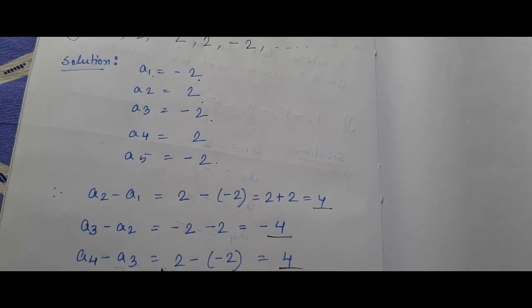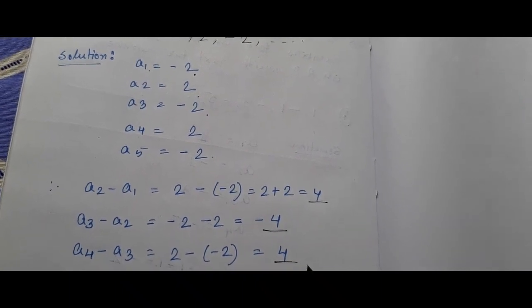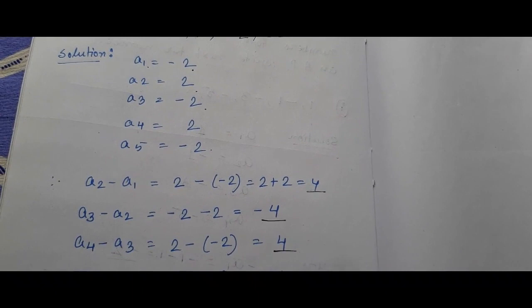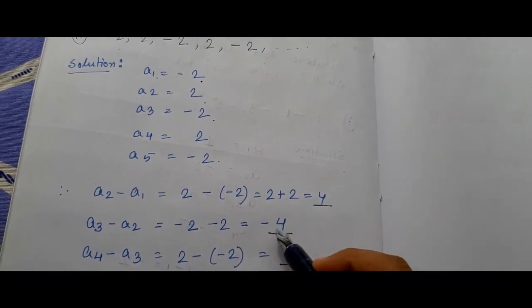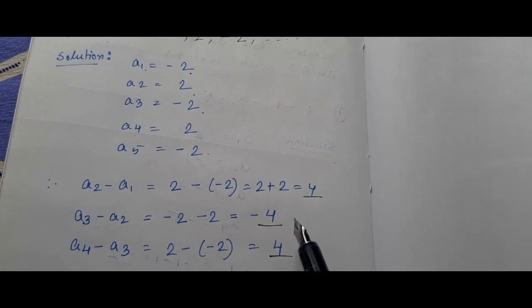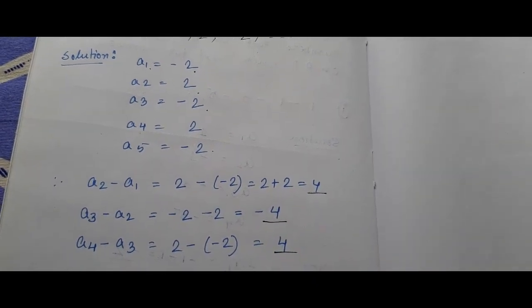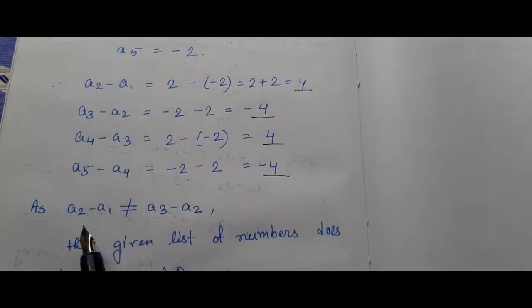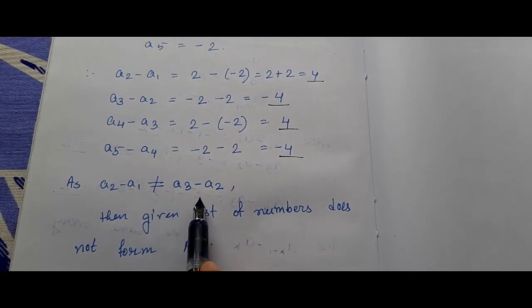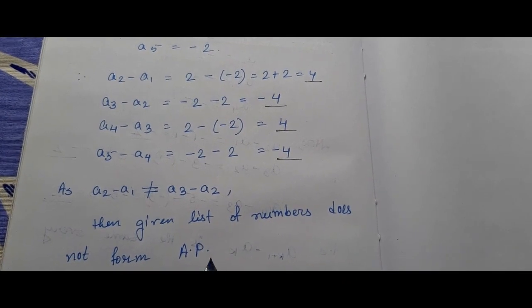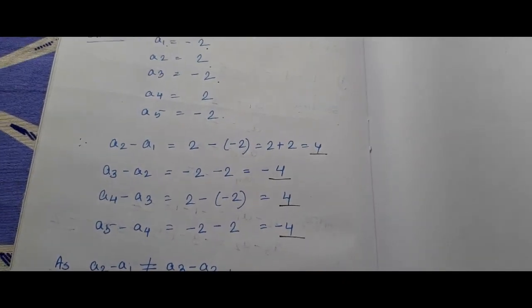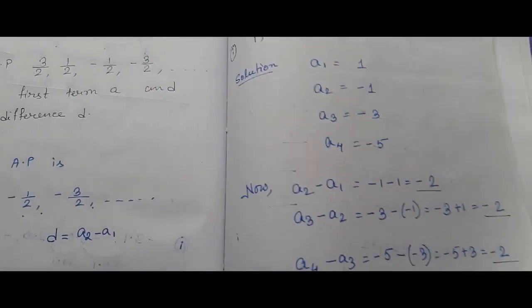Again if you check A4 minus A3, it will again be plus 4, and the next one again will be minus 4. As you can see, the difference is not fixed. Here it is positive 4, negative 4, positive 4, negative 4. That means the difference is not fixed, right? So as A2 minus A1 is not equal to A3 minus A2, the given list of numbers does not form an AP. In this way you have to check whether it forms an AP or not.